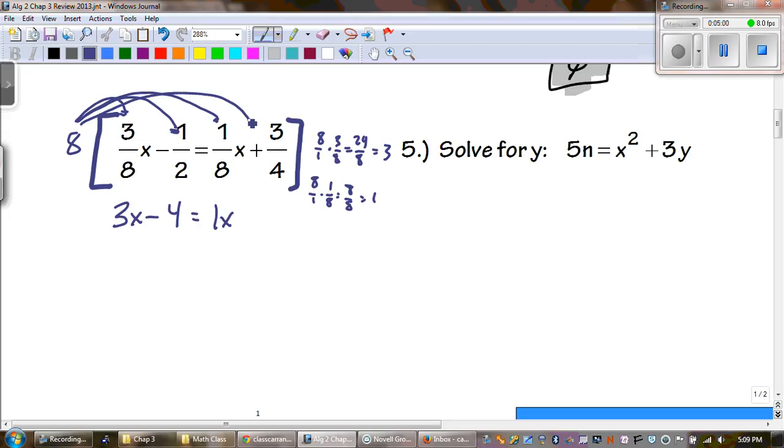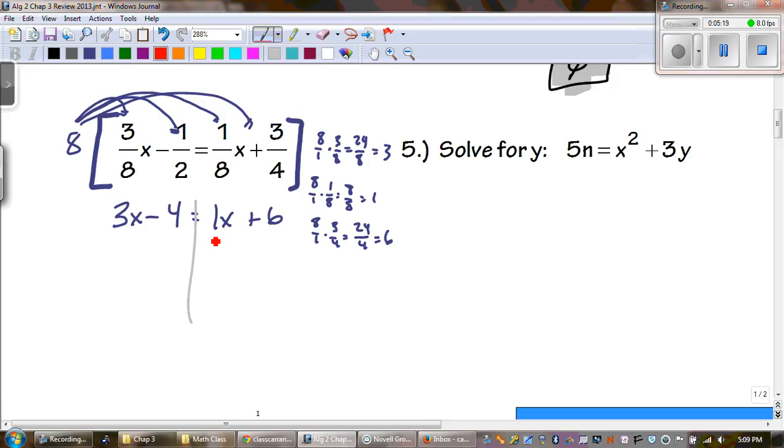Plus 8 over 1 times 3 over 4. We just did 8 times 3, which is 24. 24 divided by 4 is 6. And now we can solve.